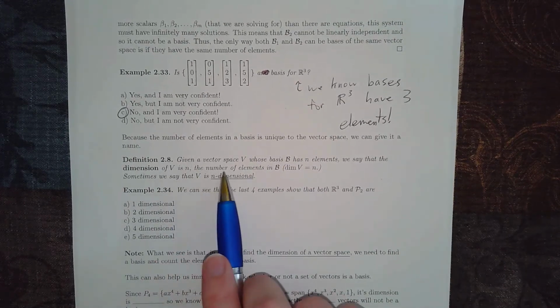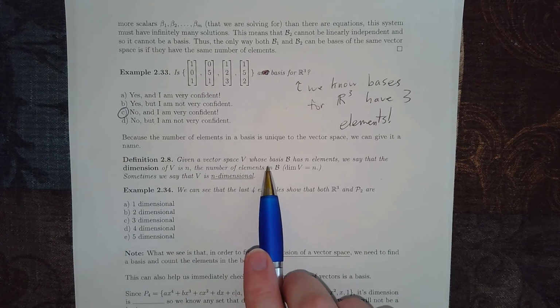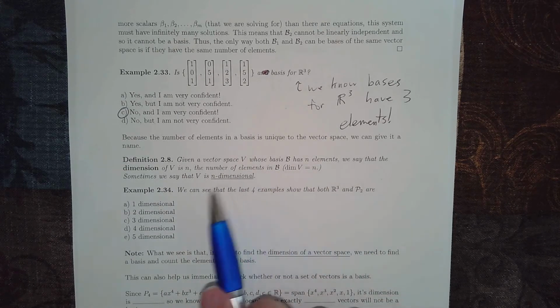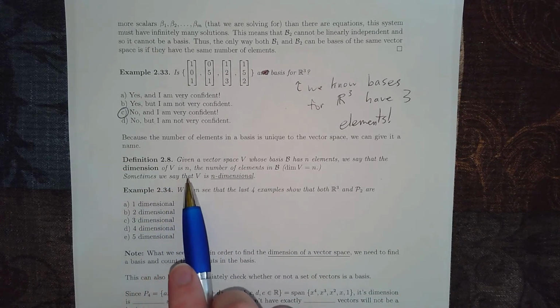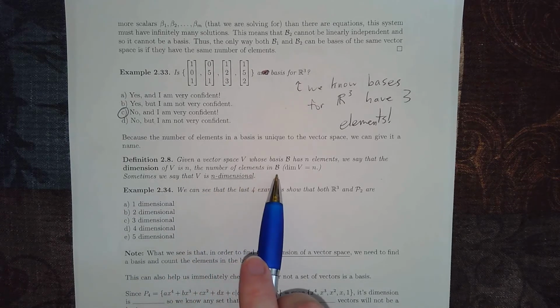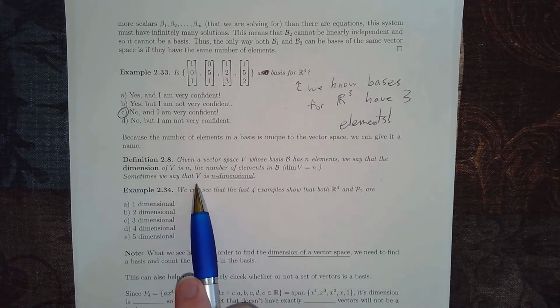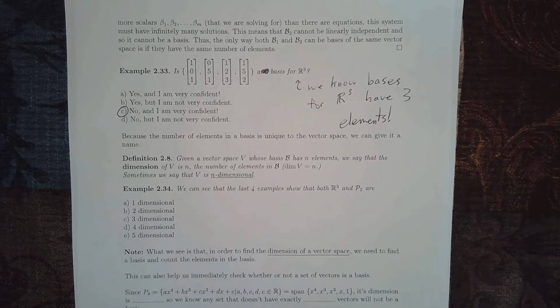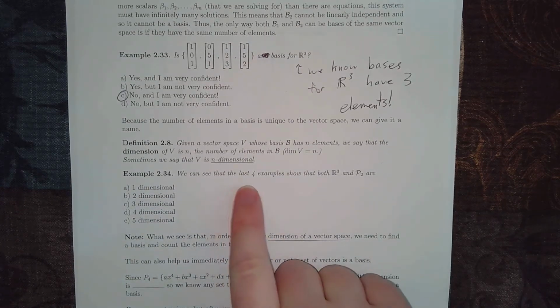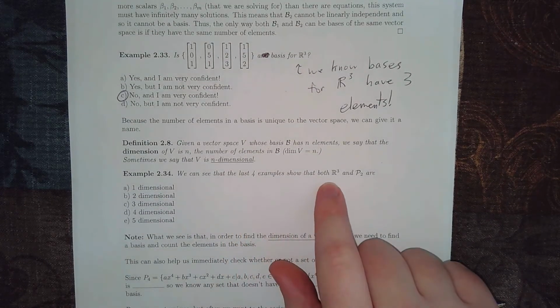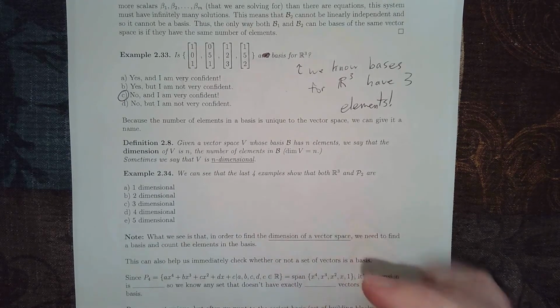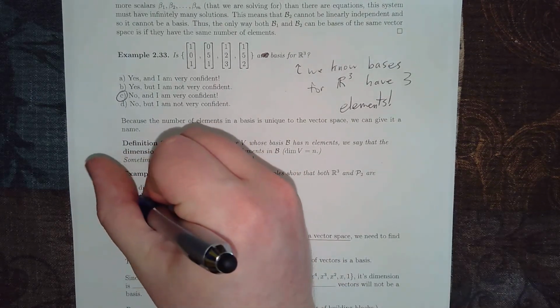So given a vector space V whose basis B has n elements, we say that the dimension of V is going to be n, the number of elements in B. Sometimes we'll say that V is n-dimensional. So based on the examples we've seen so far, both R3 and P2 are 3-dimensional.